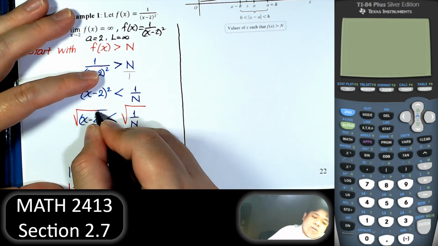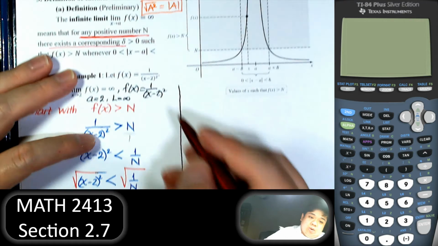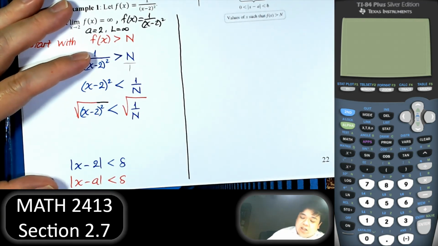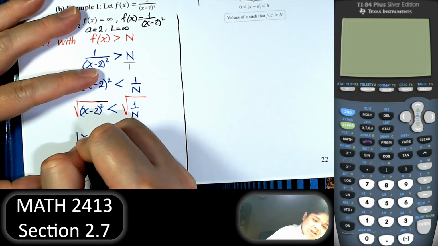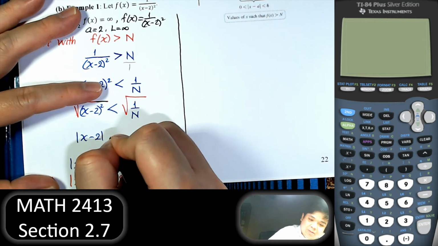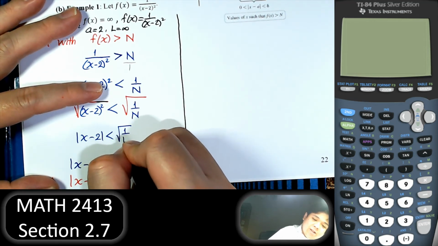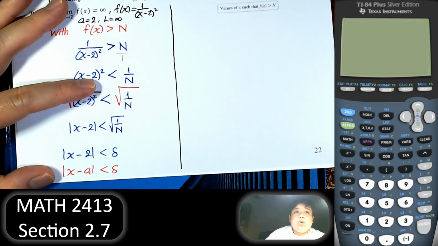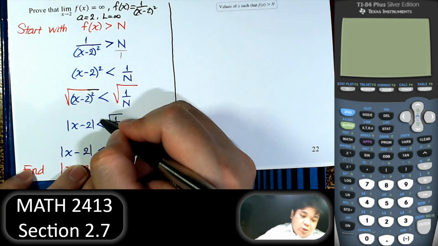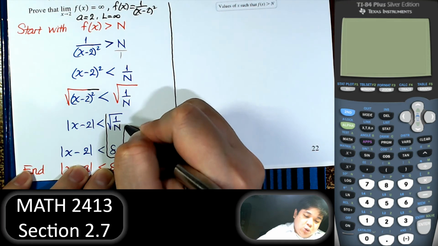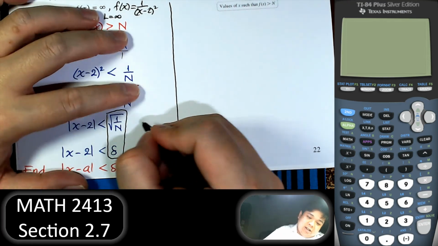And the square root of a square is the absolute value, as we talked about earlier. So in this case, we choose delta to be the square root of 1 over n.